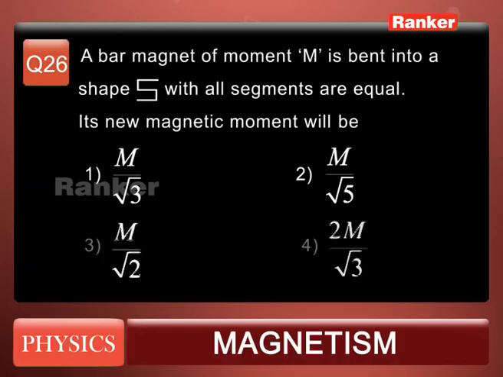Question number 26 is this: a bar magnet of magnetic moment M is bent into a shape S with all segments equal. Its new magnetic moment will be: first option M by root 3, second option M by root 5, third option M by root 2, and the fourth option 2M by root 3.